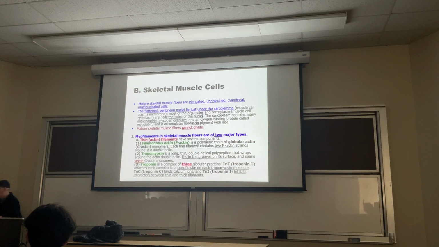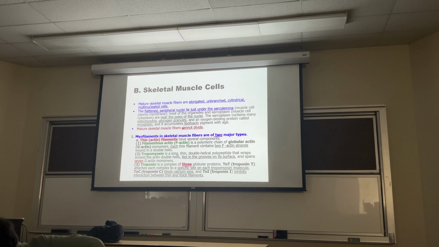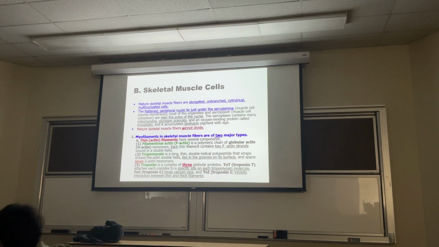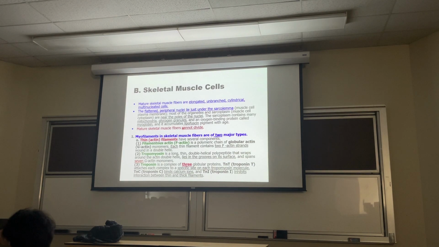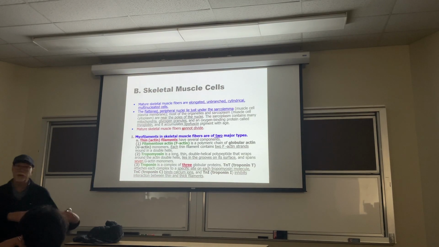By the way, muscle cells, when they reach maturity, cannot divide. If you take a chunk out of your skeletal muscle, it doesn't divide. What if you go to the weight room and you're working out? The muscles you currently have get bigger. You add more protein to them and they get bigger. You don't add new muscle cells once you reach maturity.